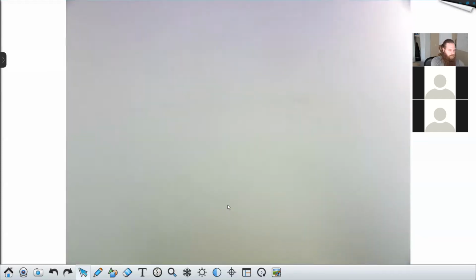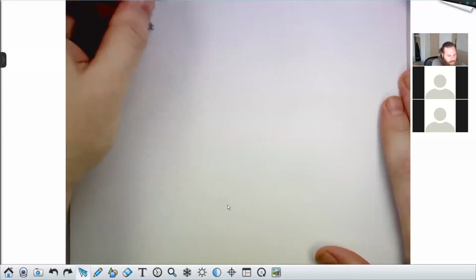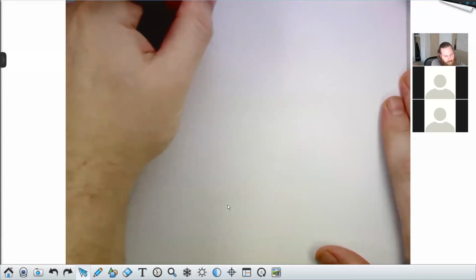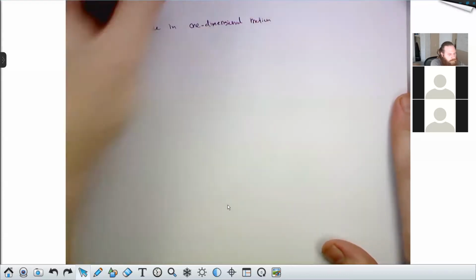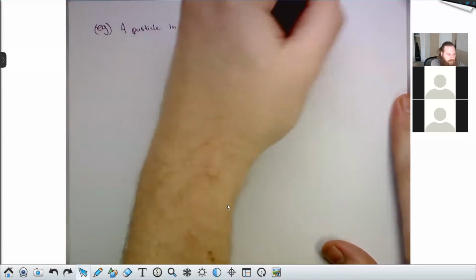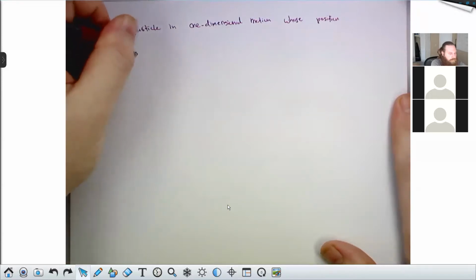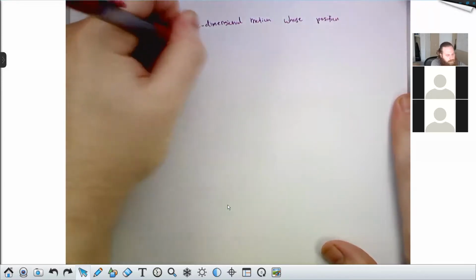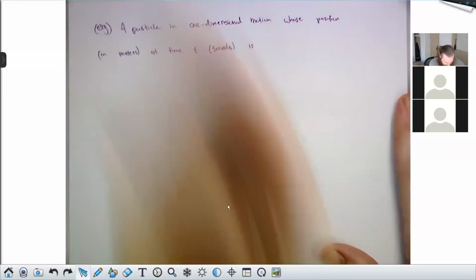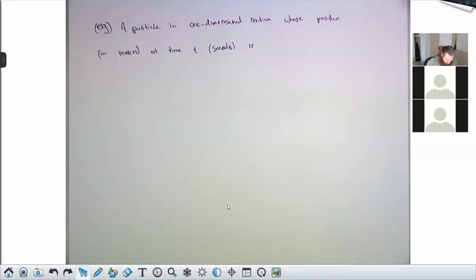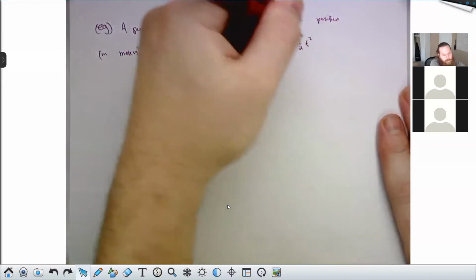So suppose I tell you I've got a particle in one-dimensional motion, like moving along a track, whose position in meters at time t, measured in seconds, is x of t equals 1/2 t squared.